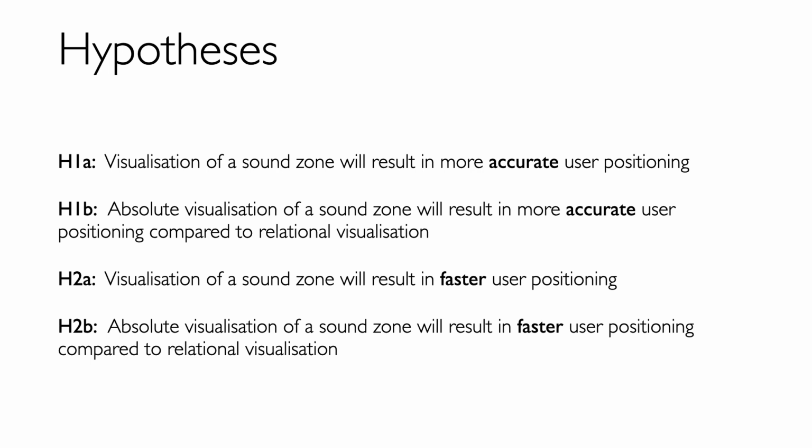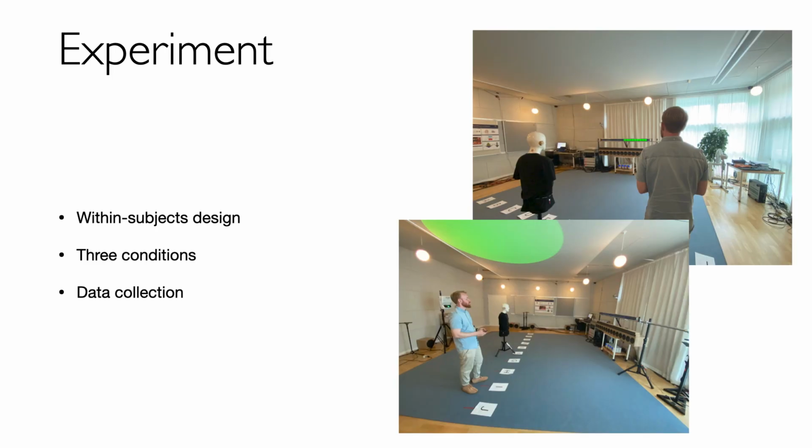Secondly, we would like to see if visualizations allow faster user positioning, and whether the absolute visualization will outperform the relational visualization. To test our hypotheses, we conducted a within subjects repeated measures experimental design with visualization technique as the independent variable with 3 levels.